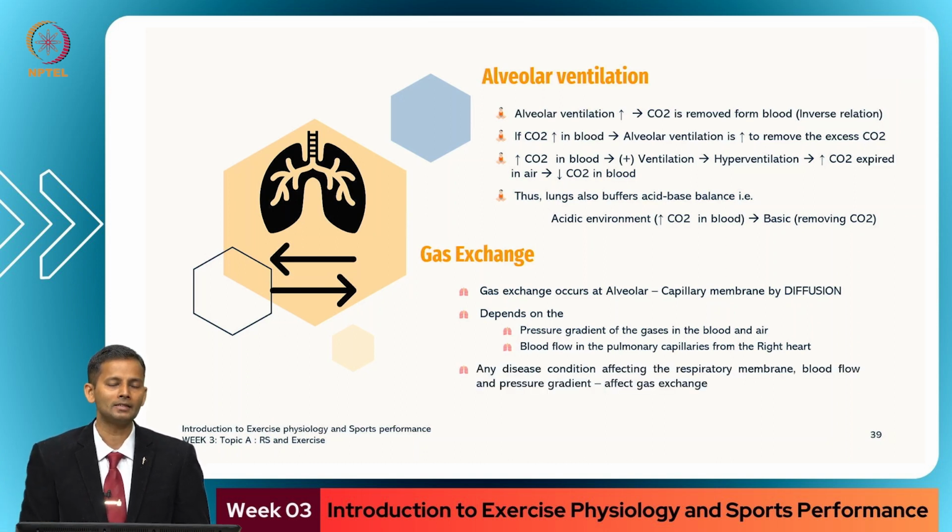In case of any disease affecting this process, say affecting the respiratory membrane, or any disease that affects the blood flow, say in cases of heart failure or right heart failure, or in cases of heart diseases, and if there is a reduced pressure gradient because of going to a high altitude region, all these interfere with the gas exchange in an abnormal way.